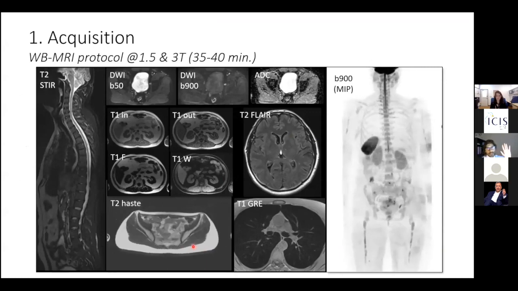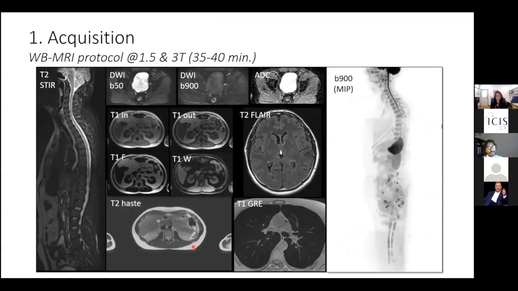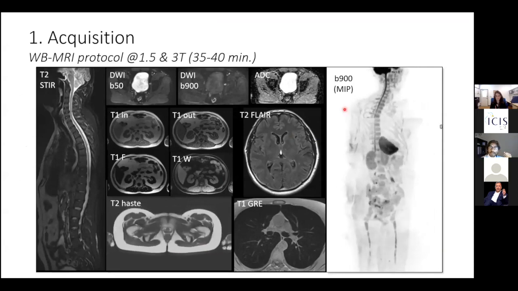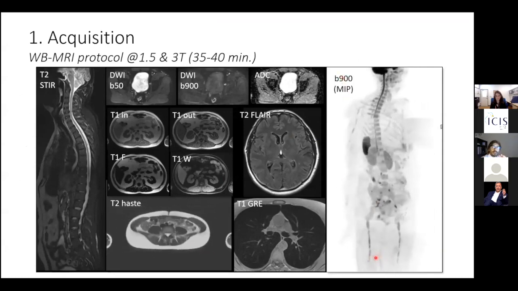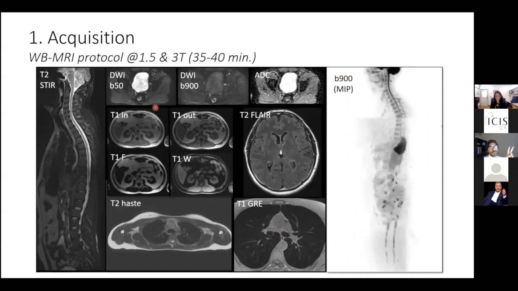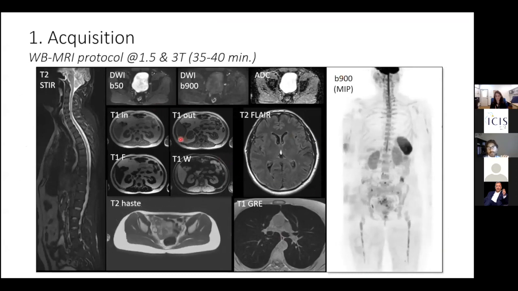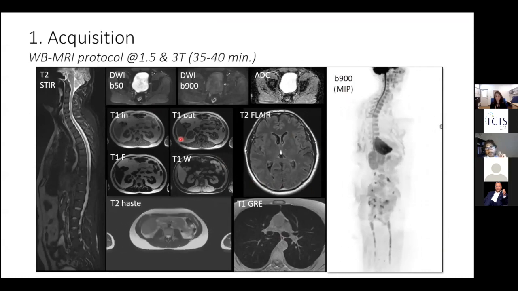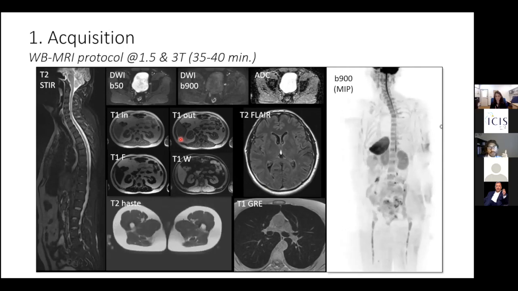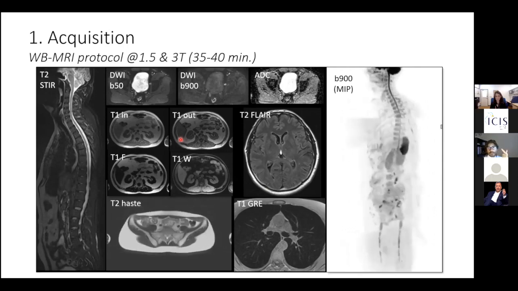We just need sagittal T2 of the spine, a very easy sequence to perform. Then diffusion from head to the mid-thigh or lower in the high-risk population, with just two B-values, B50, B900. Then in the same volume coverage, from the head to the thigh, we need the T1 with Dixon and T2.